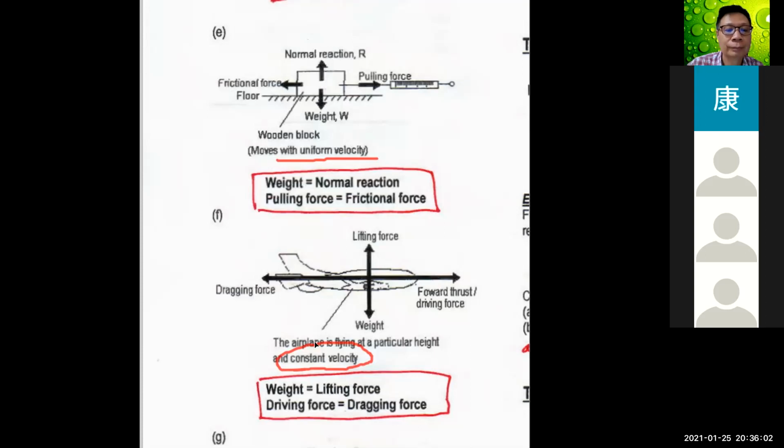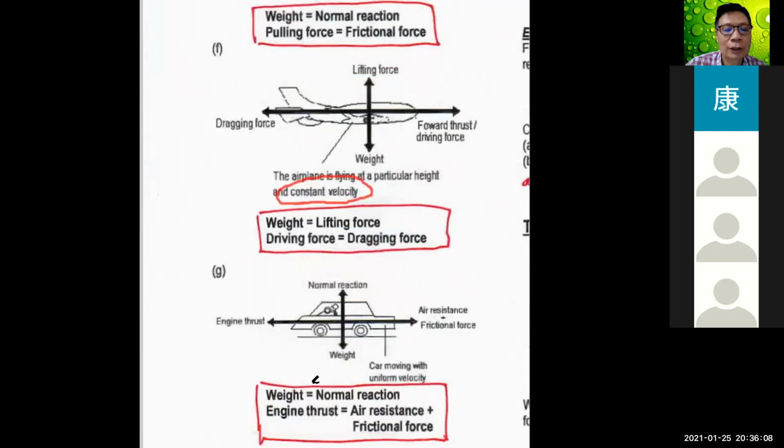Okay, one last example, the car. The car moving also has four forces. The weight, normal reaction, the engine thrust, and the drag, air resistance.